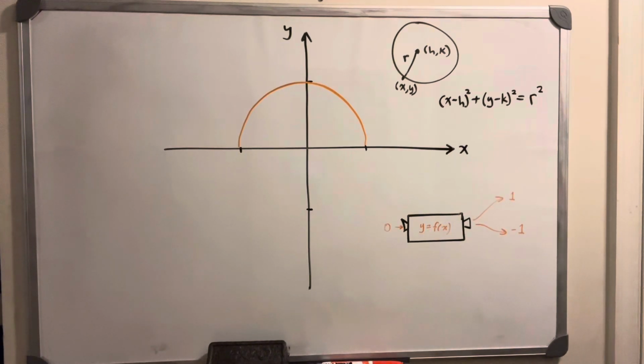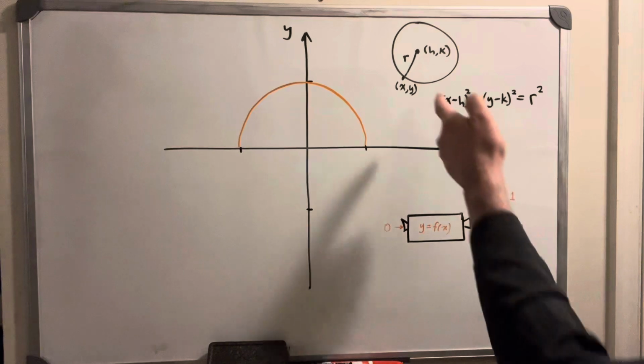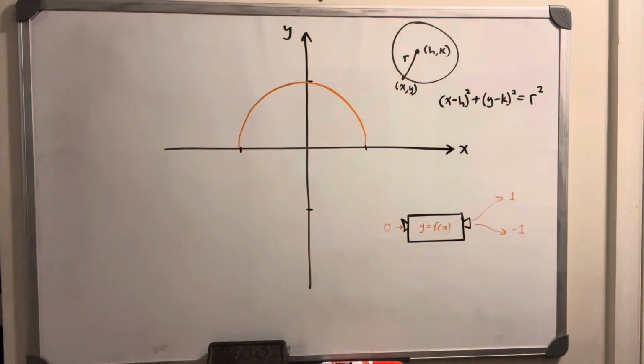So functions have more of a constriction that a single input has to have a single output, whereas with equations, the first number in the ordered pair can have other values of the second number in the ordered pair that satisfy the equation. So that's another difference between functions and equations.